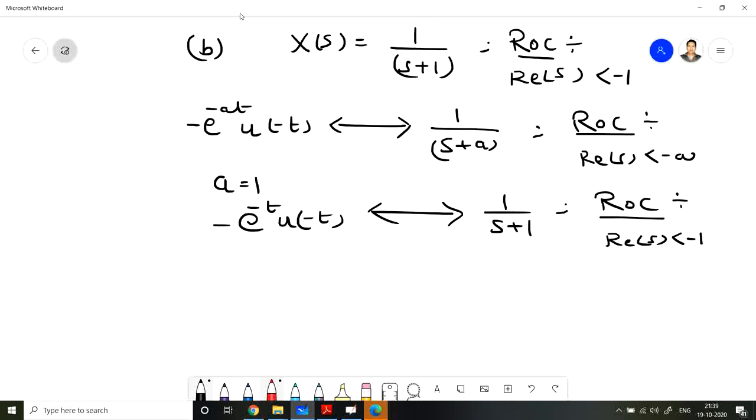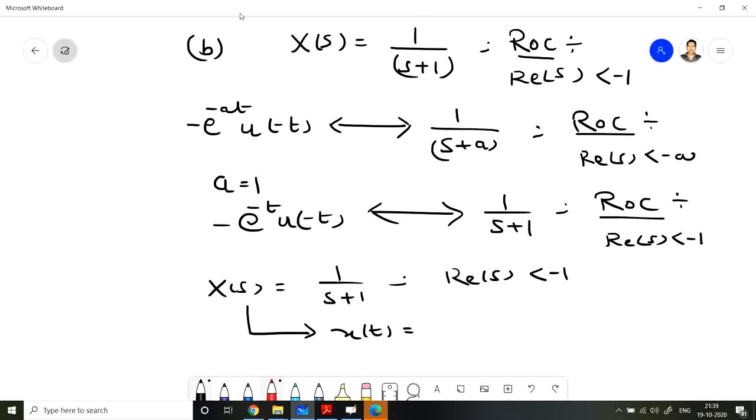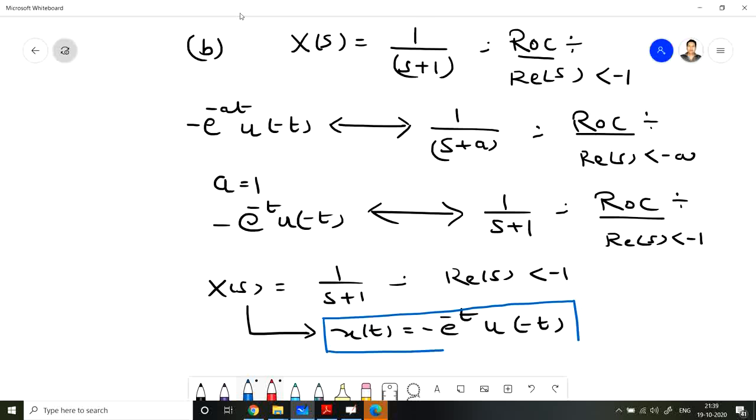So basically if we have X(s) = 1/(s+1) and the ROC is real part of s less than minus 1, then the time domain signal is minus e^(-t) u(-t). So this is the time domain signal.